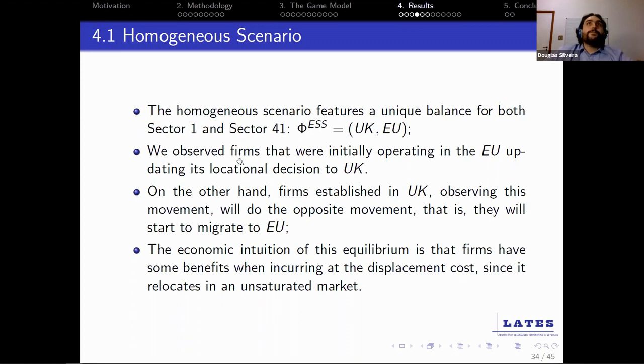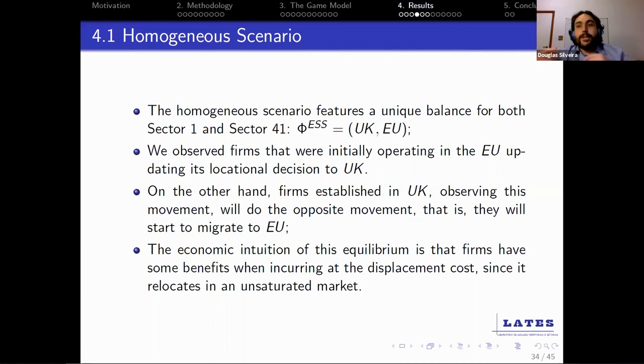So we observed that firms that were initially operating in the European Union will update their location decision to the UK. On the other hand, the firms already established in the UK, observing this movement, will make the opposite movement. That is, they will start to migrate to one of the European Union countries. And the economic intuition of this equilibrium is that firms have some benefits when incurring the displacement costs, since they relocate to an unsaturated market. But as I told you before, this is just a kind of naive scenario.